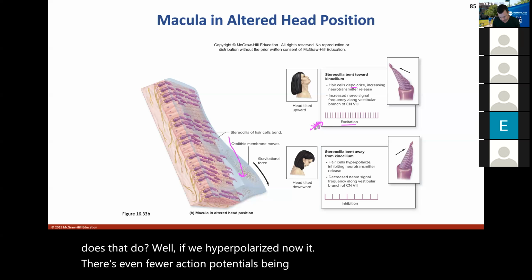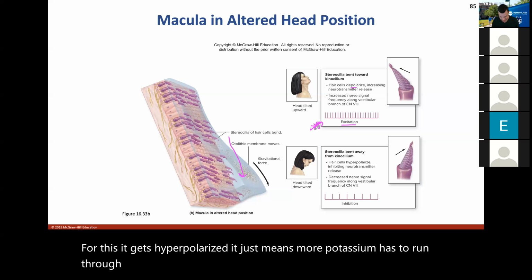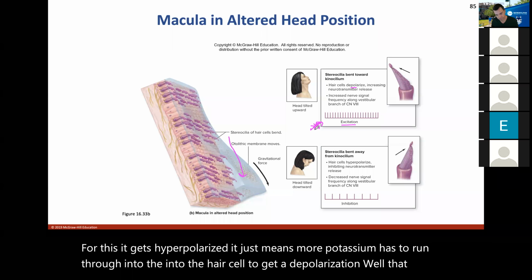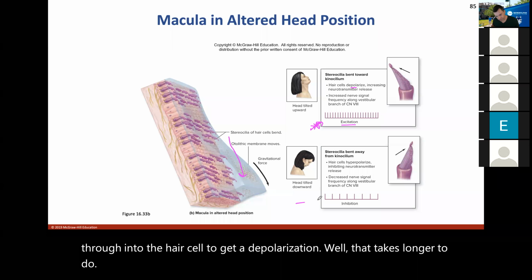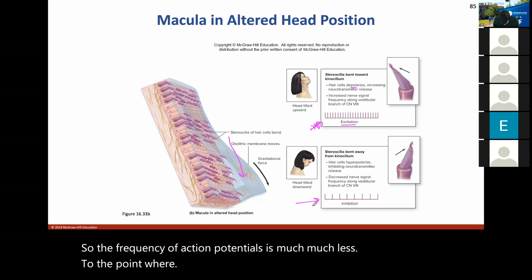It just means more potassium has to run into the hair cell to get a depolarization. Well, that takes longer to do. So the frequency of action potentials is much, much less, to the point where you interpret that as looking down.